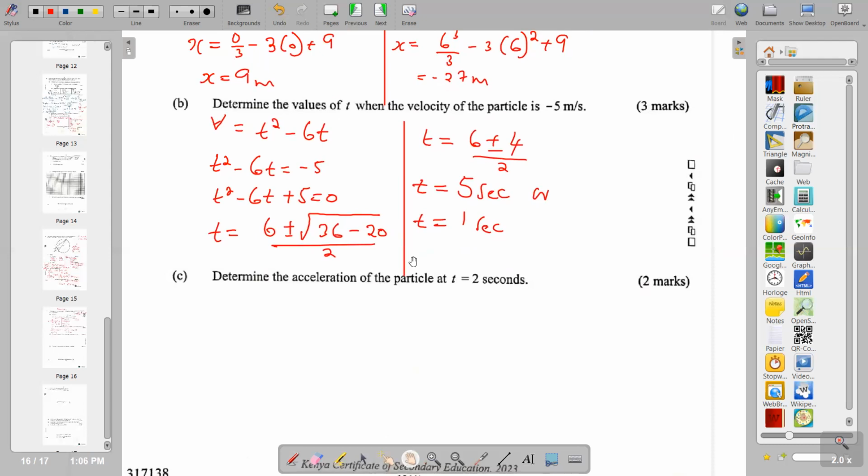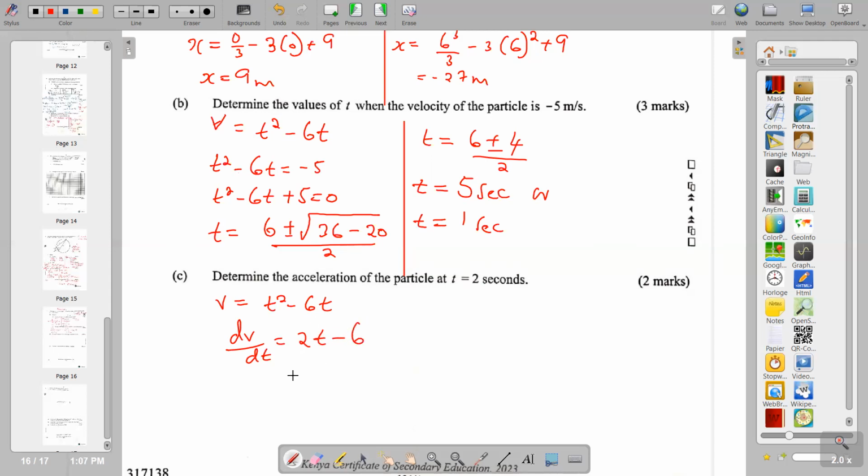Number C, determine the acceleration of the particle at t is equal to 2. You have the equation of v is equal to t squared minus 6t. You want now to get acceleration, meaning you're supposed to differentiate this one again. So dv over dt is equal to 2t minus 6.